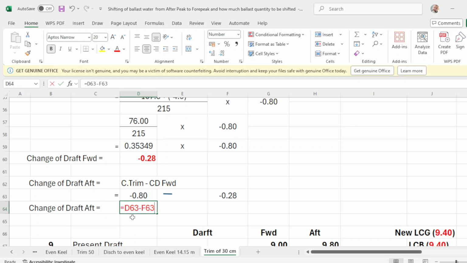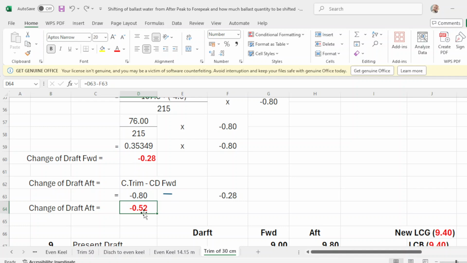So negative 0.80 minus negative 0.28, which is your forward change of drop.